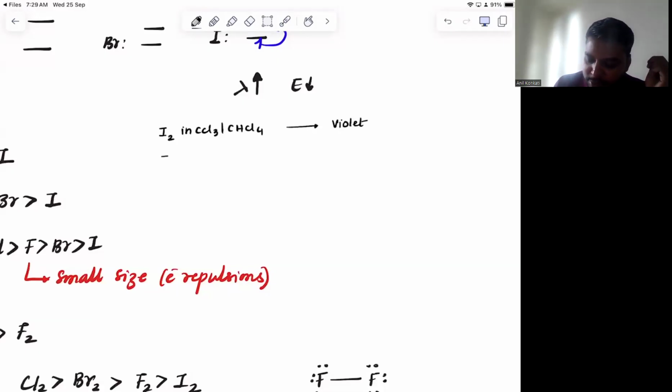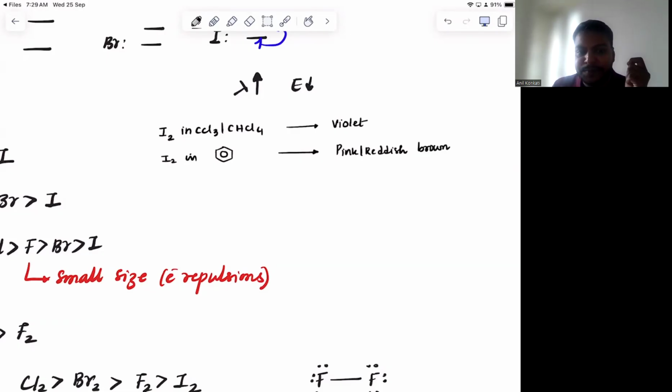But iodine in any hydrocarbon which has donor ability, like benzene, which has a pi bond with donor ability, in that case it will become pink or reddish brown. Got it? So if you have donor ability, the color will become deeper and deeper.